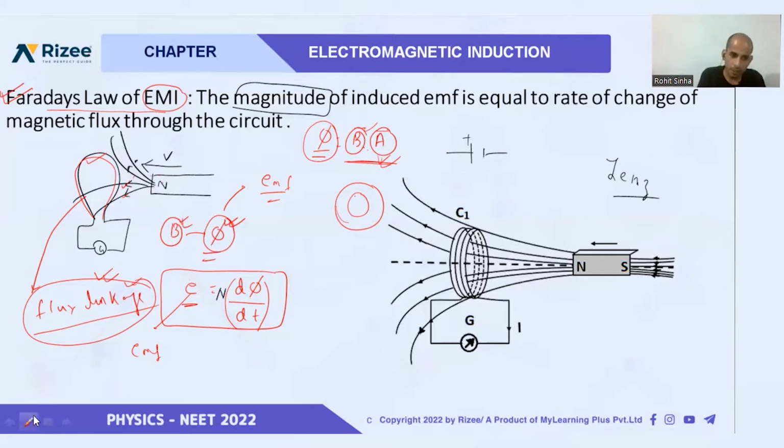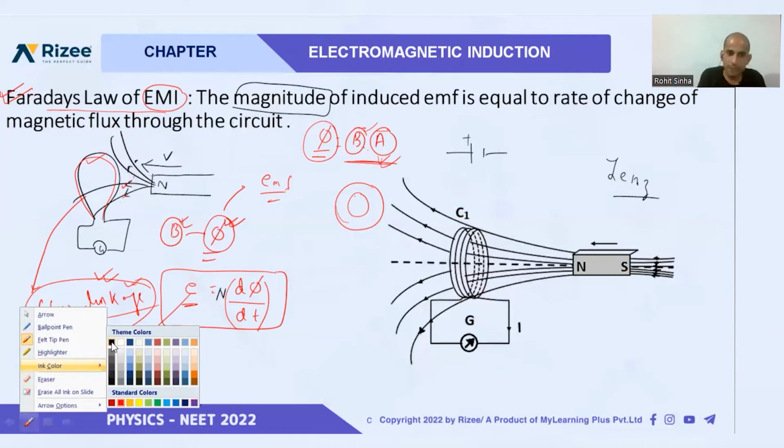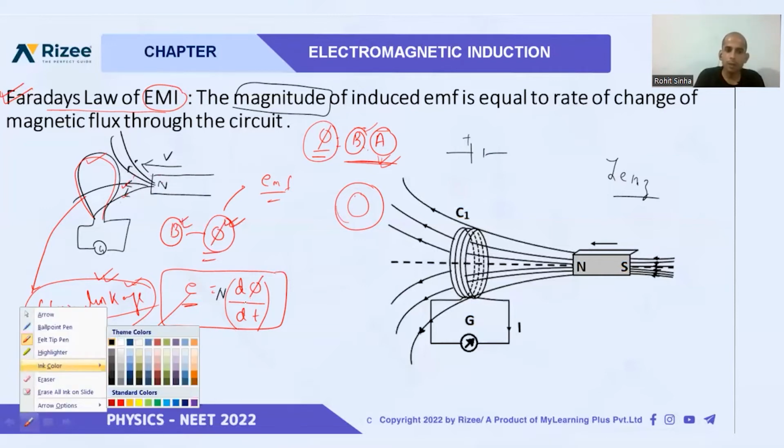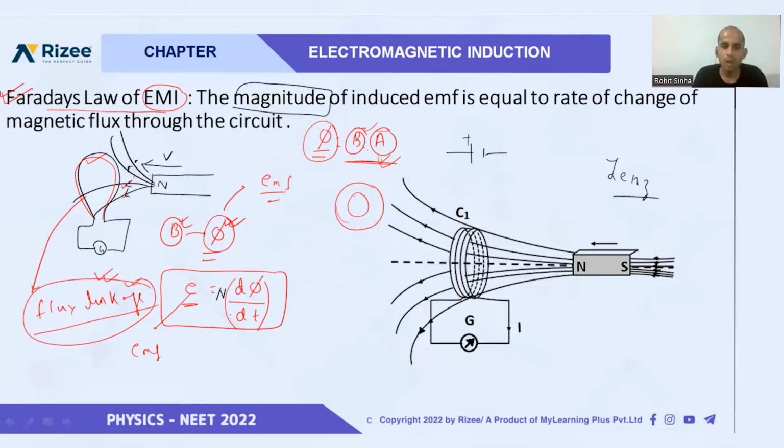Any problem till now in understanding Faraday's law? Now, if you understood Faraday's law, there was one problem in finding the direction. Later on, Lenz's law came into the picture, based on energy conservation.